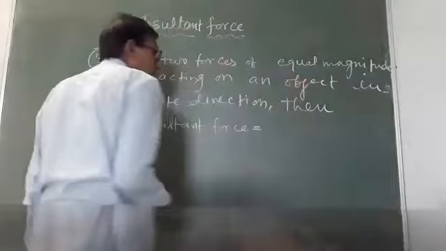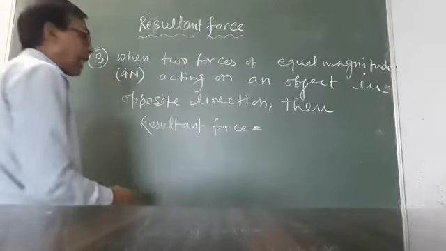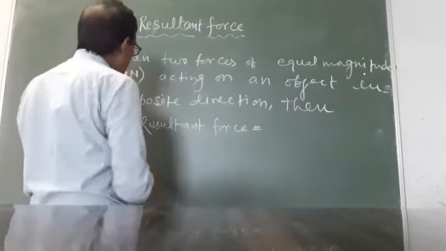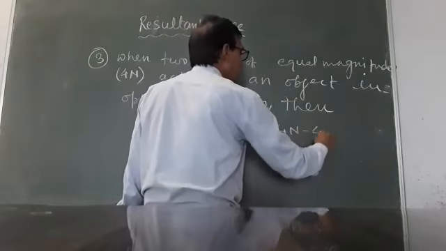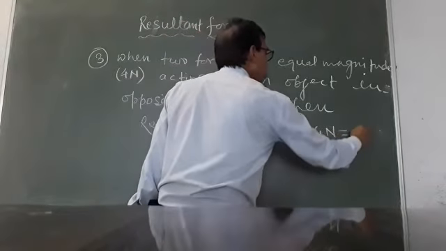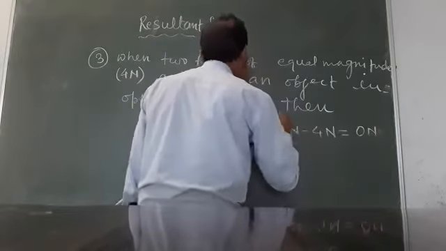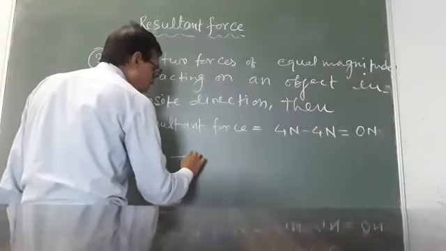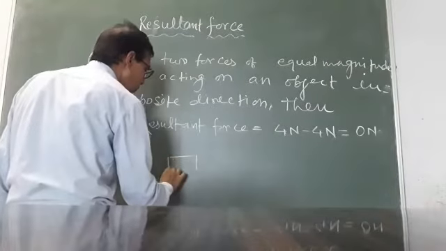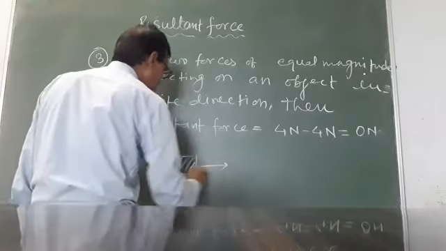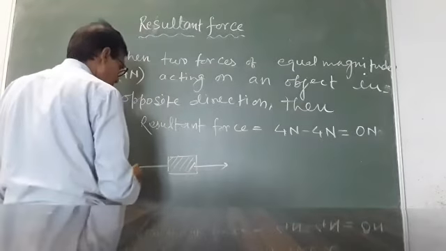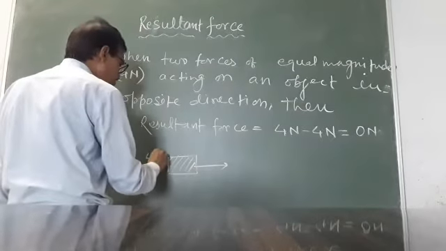We know that when the two forces act in the opposite direction, then the resultant force is the difference of these two forces. So here 4 Newton minus 4 Newton is equal to 0 Newton. So here you can show by the figure also. This is the object. Two forces act in the opposite direction, at the same magnitude.